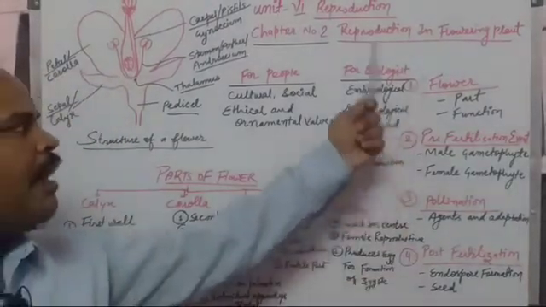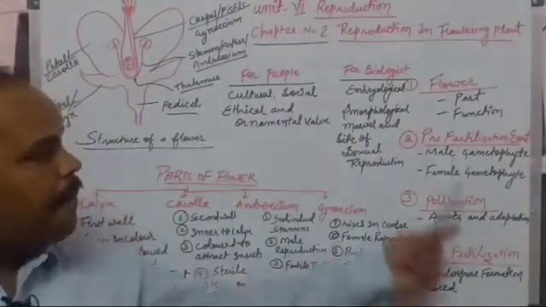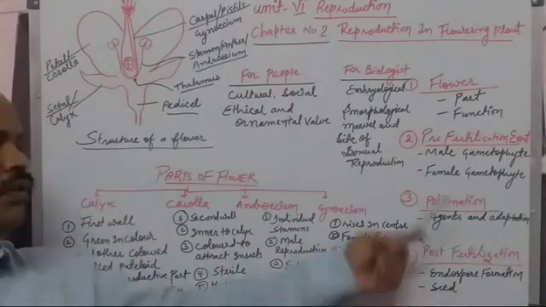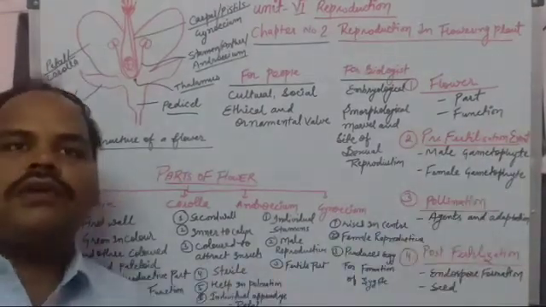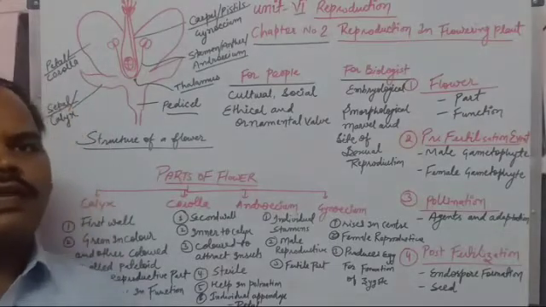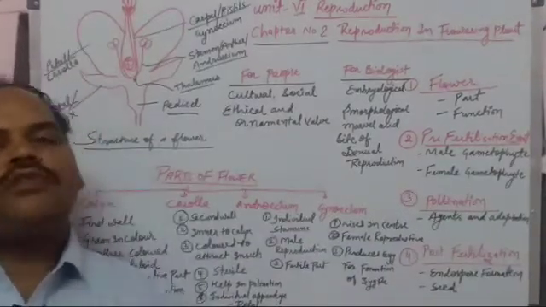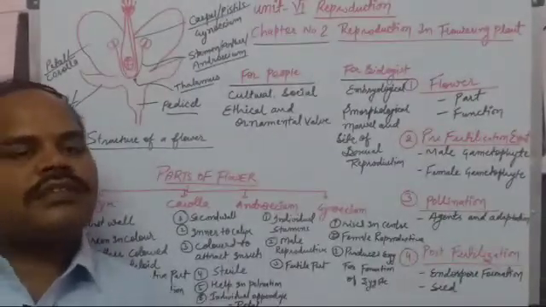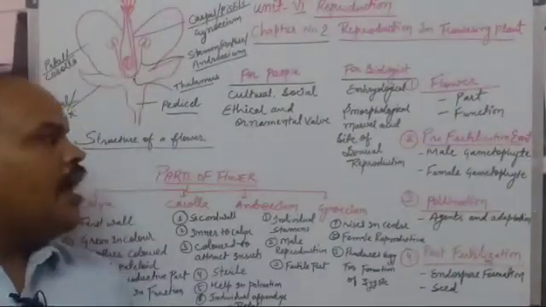After this, we will study the pre-fertilization events, which include the male gametophyte. In the male gametophyte, we learn microsporogenesis, pollen grain, stamen, anther and others. And in the female gametophyte, we study the pistil, megasporogenesis, ovule formation and egg formation.